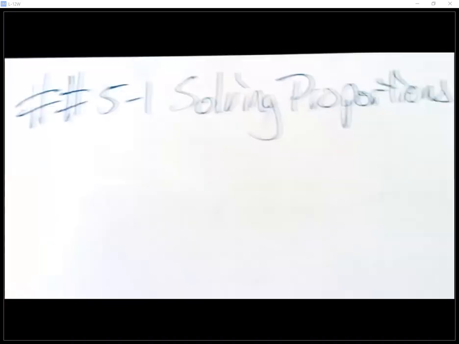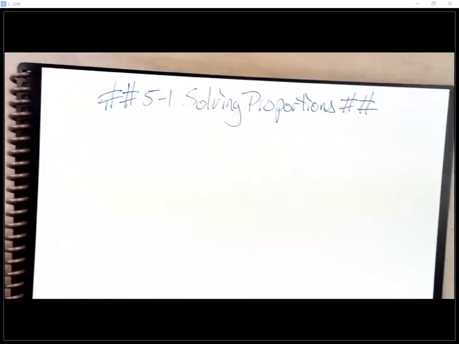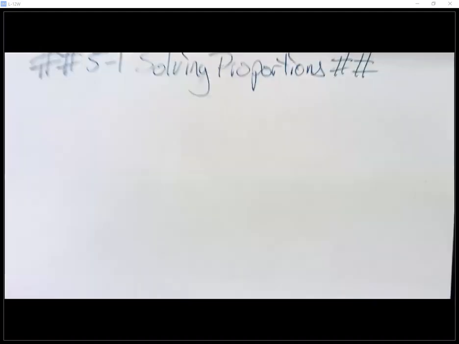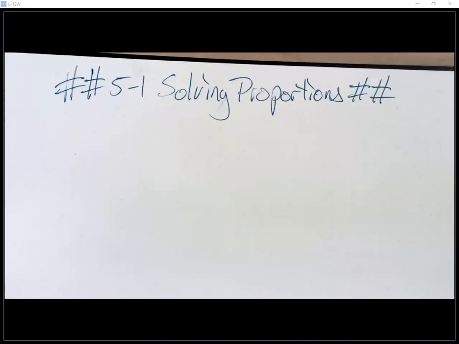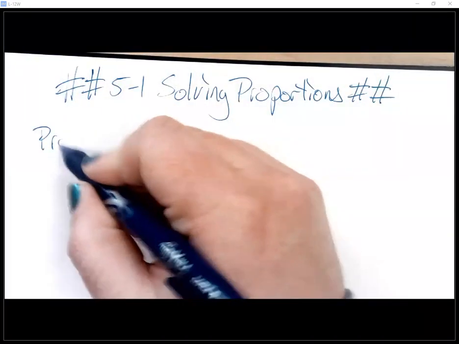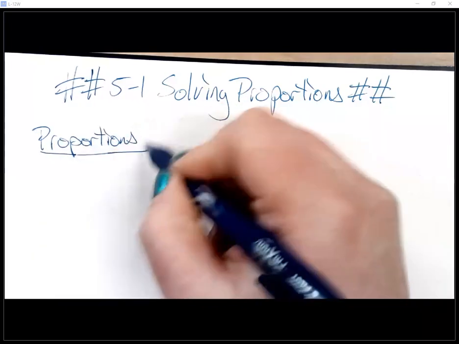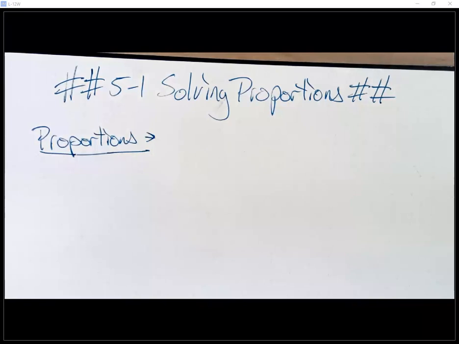So let's start by defining what a proportion even is. Any guesses?